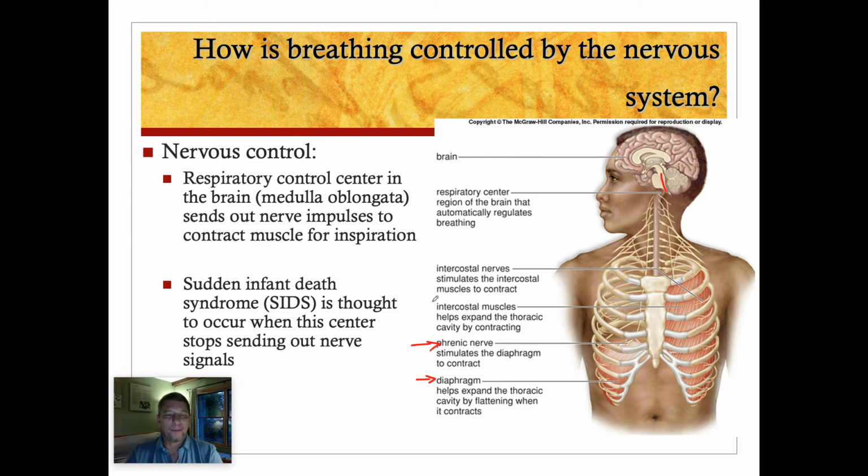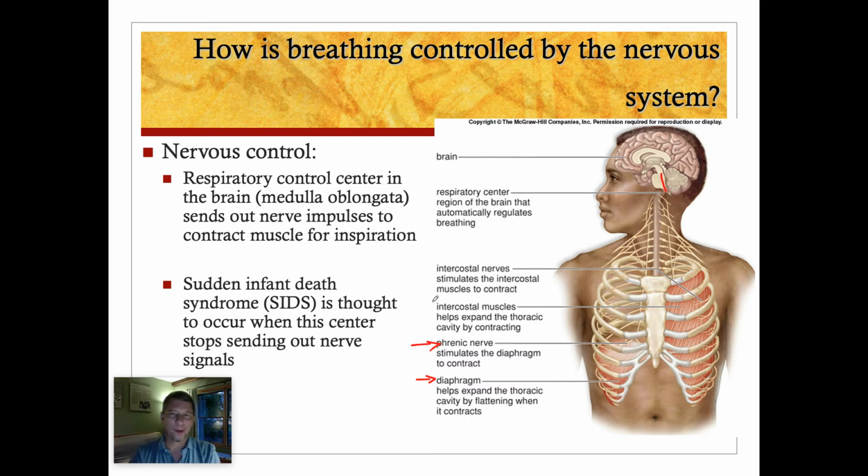Now, some of you may have heard of a syndrome called SIDS, sudden infant death syndrome. This is thought to occur when this nerve center stops sending out signals for whatever reason. Doctors have been stymied for a long time about what actually causes this. A perfectly healthy baby is put down for the night and doesn't wake up. It's a terribly tragic thing, and they've gone through different stages of advice.